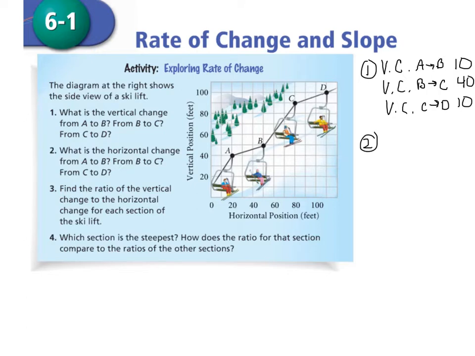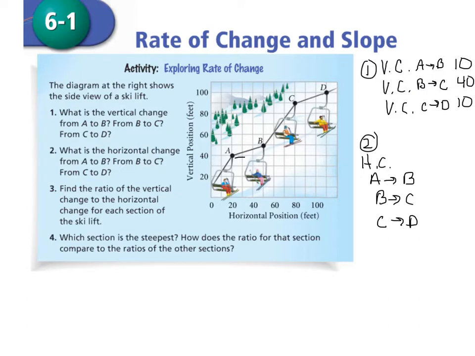Now example 2 says, what is the horizontal change for the same values? So horizontal change. We want A to B, B to C, and C to D. What is the horizontal change of each of these?